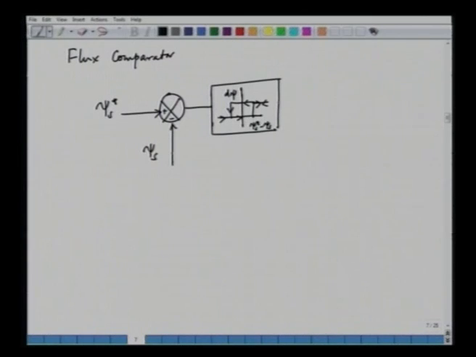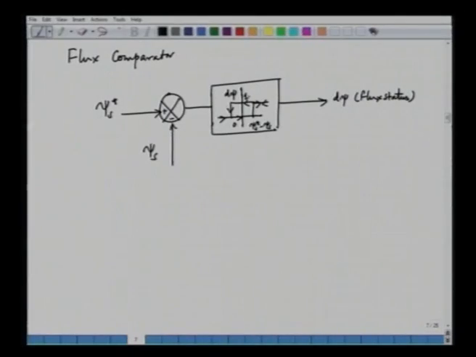The output of this is d psi, and this d psi is called the flux status. The flux status can have two values, it can be either 0 or it can be 1.